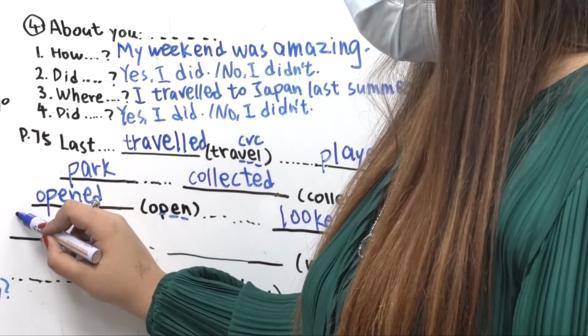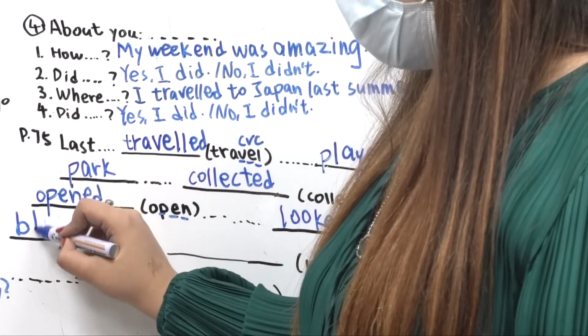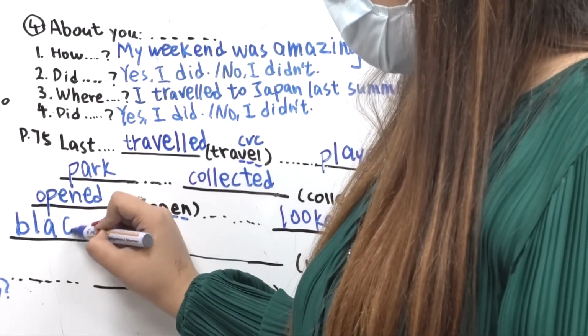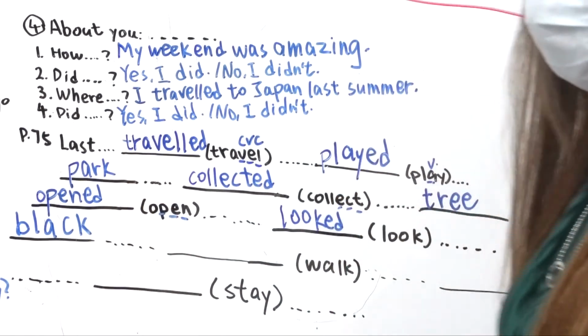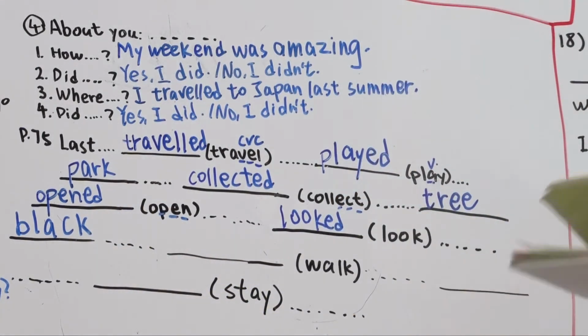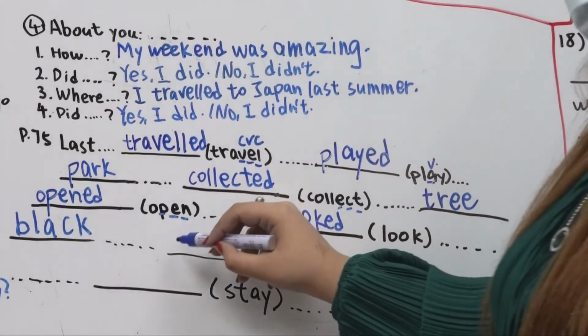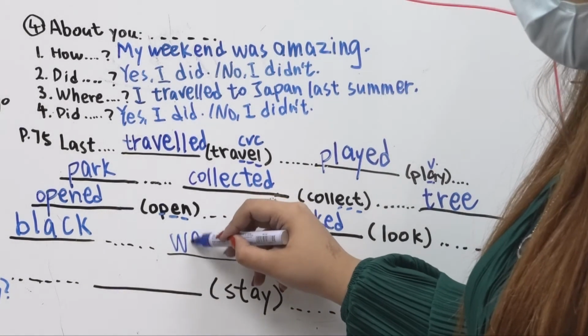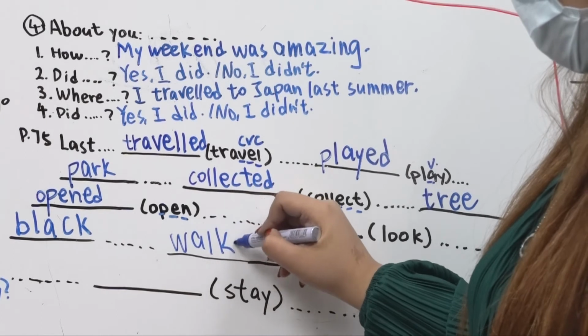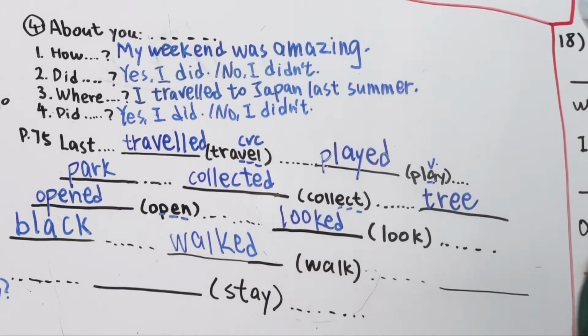What color is it? Black. That is spelled B-L-A-C-K. We space there, and guess what? We walked there, right? We walked there. No special rules, so we just add ed.